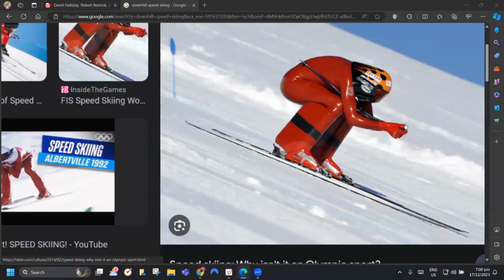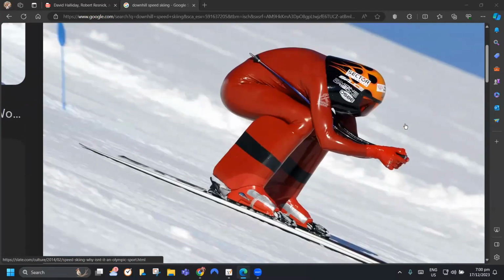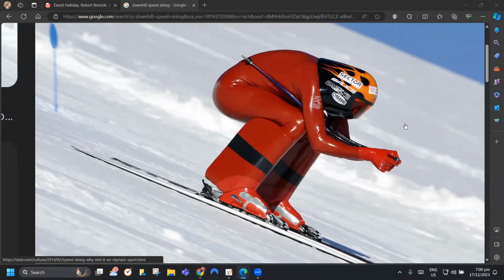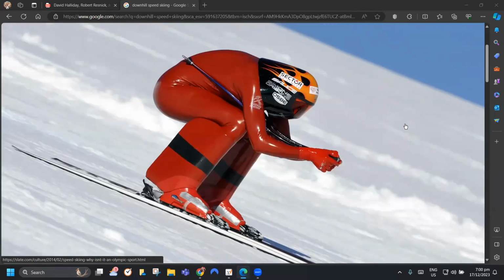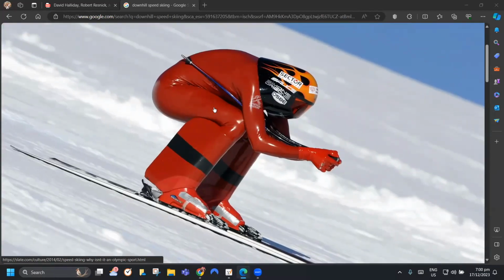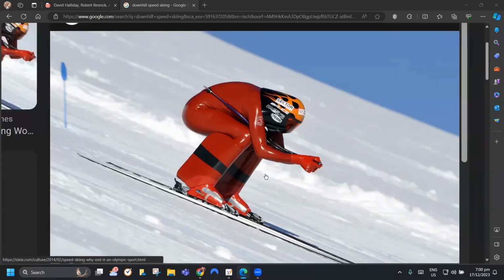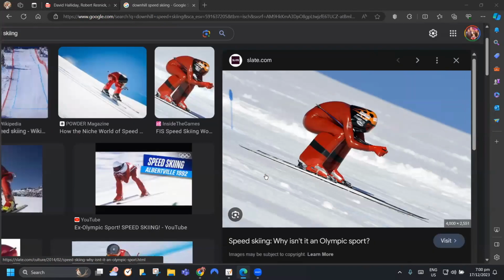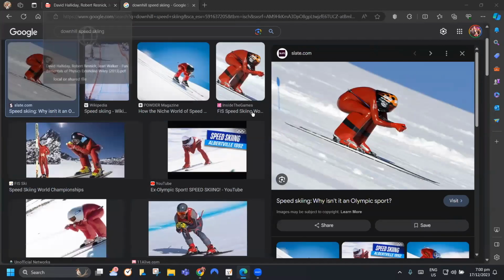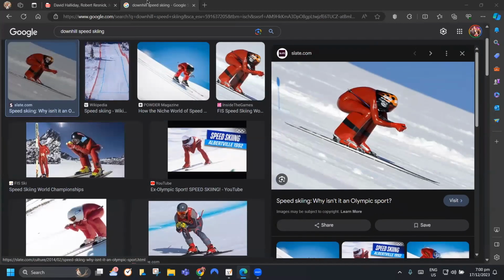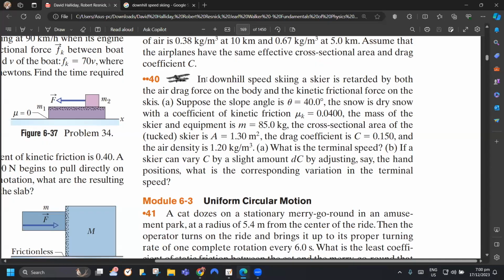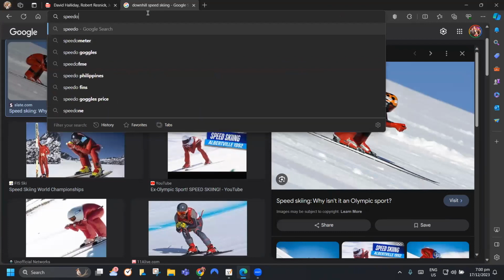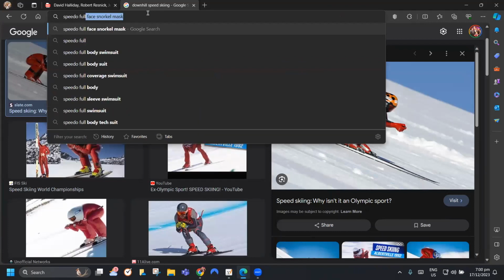Gawa tayo ng at least free body diagram para lang makita yun. So, share ko yung screen ko. Tingnan mo yung posture niya, no? Pang-minimize po ng drag yan. Yung suit niya po lahat actually, pang-minimize ng drag. Naalala ko sa swimming din na nagkaroon ng kaguluhan kasi yung may ibang mga swimsuits na ang laki ng advantage dahil ang laki ng binababa ng drag.